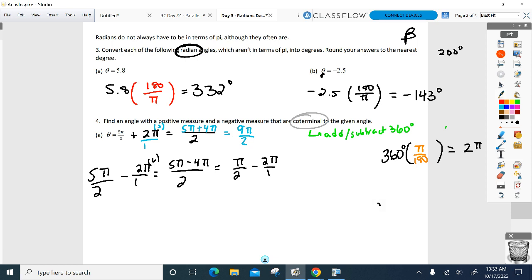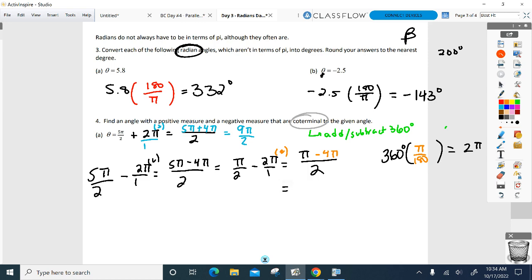Let's see. Will this give me a negative answer? It should, right? So common denominator of 2. Pi stays pi. What's that 2 pi going to change into? What do I need to multiply it by? 2. So I should get minus 4 pi. Yeah, this will give me a negative answer, right?